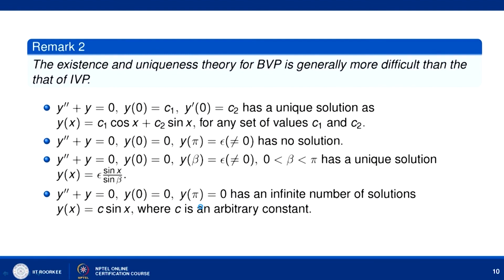Now, why are we discussing the boundary value problem as different from the initial value problem? We have already discussed the existence and uniqueness theorem for initial value problems, and considered several methods to find the solution of an initial value problem. But why are we bothering about boundary value problems?